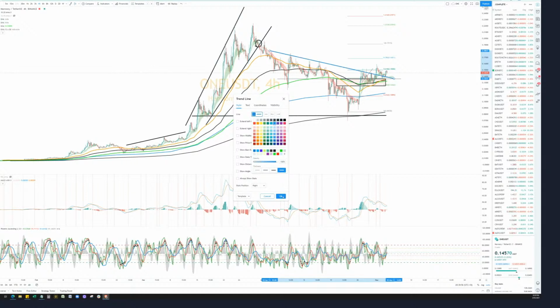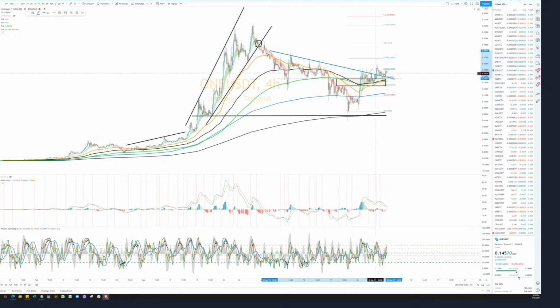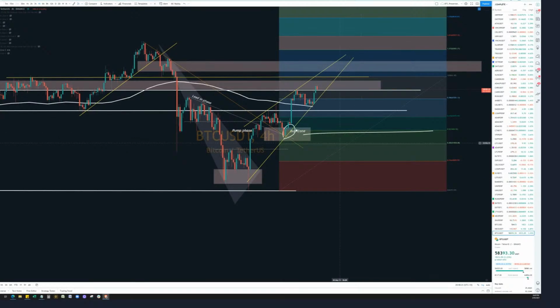And what it's doing now is testing it. Bang, bang, there's two touches. Similar to Bitcoin, actually. So if it breaks that level, just imagine another level up, it's going. So if I bring that with Bitcoin, here's the point.